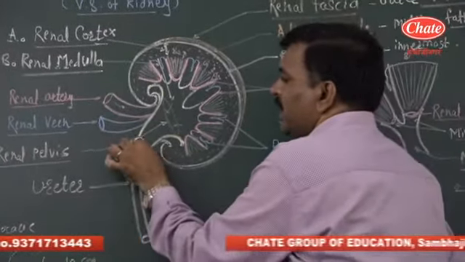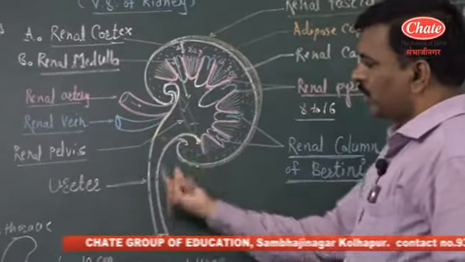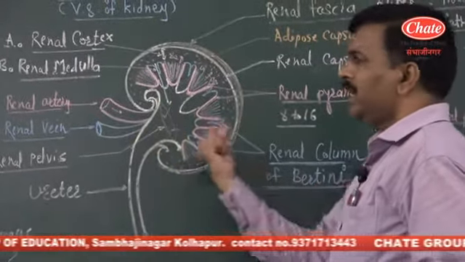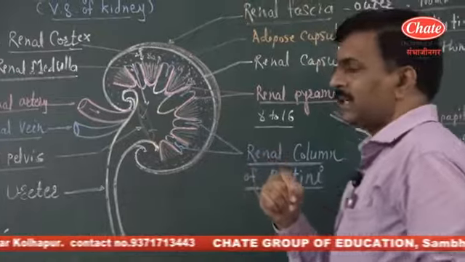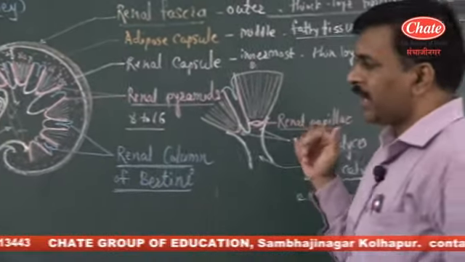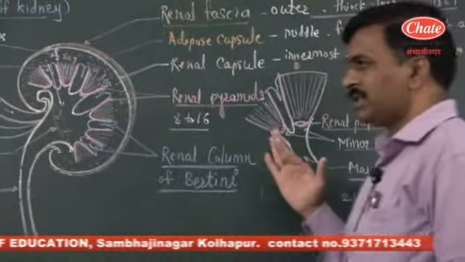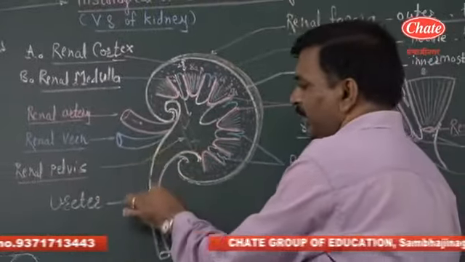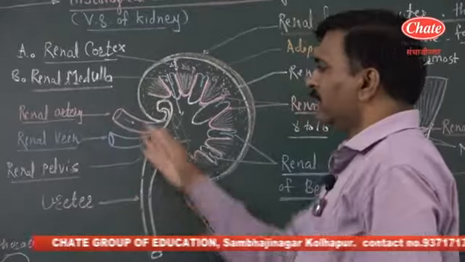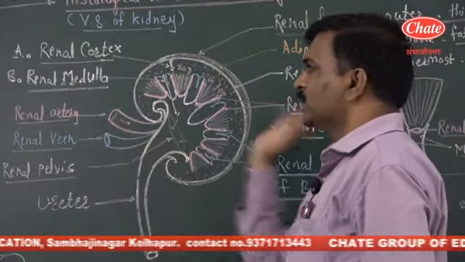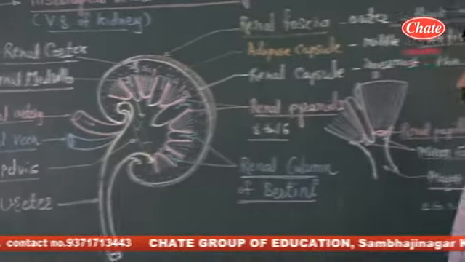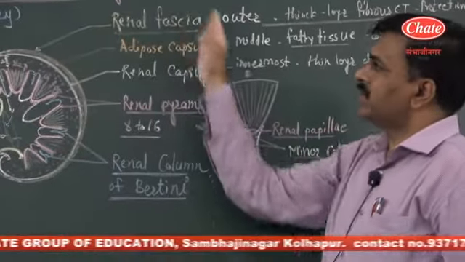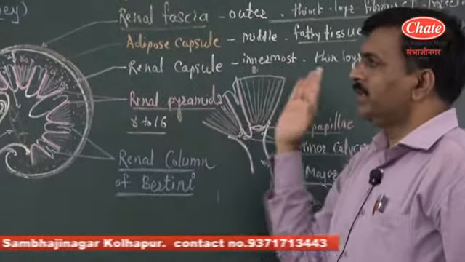It is present in the renal medulla, and is lined by transitional epithelium. From this renal pyramid arises the ureter, while the renal artery and renal veins are associated with this histological structure. So this is the histological structure of the kidney, or the vertical section of the kidney.